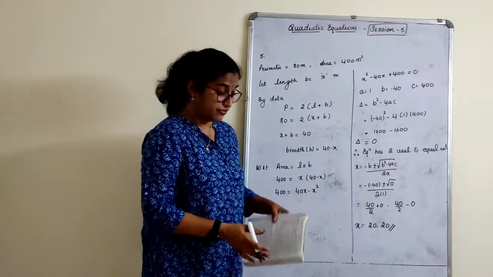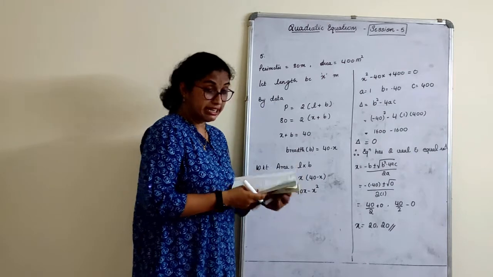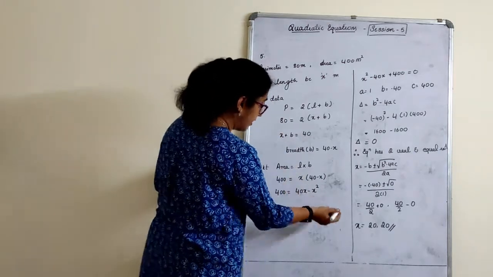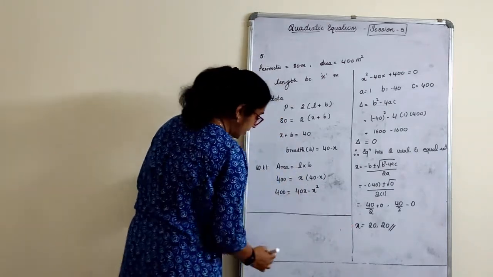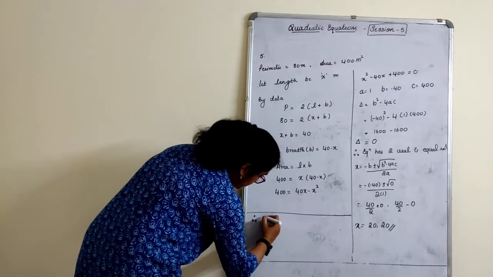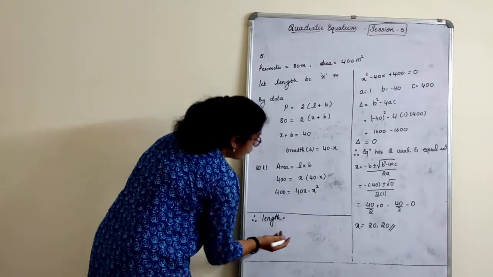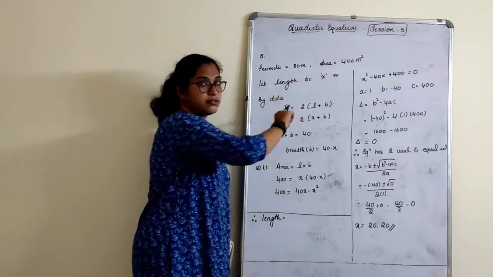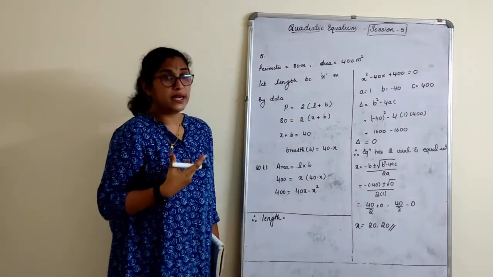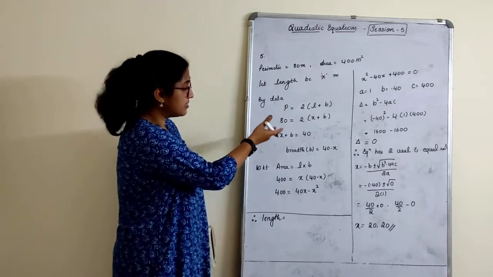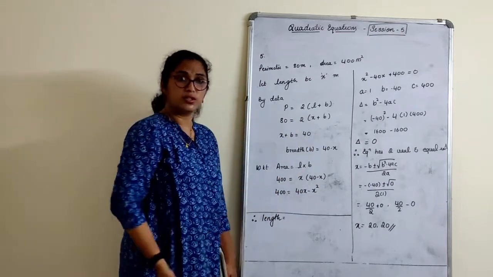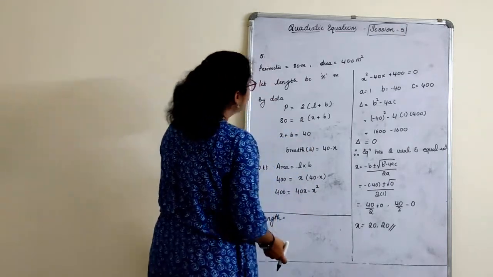Now that's not the only final answer. Find length and breadth. Children, I'll do it here because it's already down there, you can't see. Therefore, length is equal to, what if you had taken breadth as x here? Nothing. You would have got the answer breadth as 20 and length as 40 minus 20. Same thing.